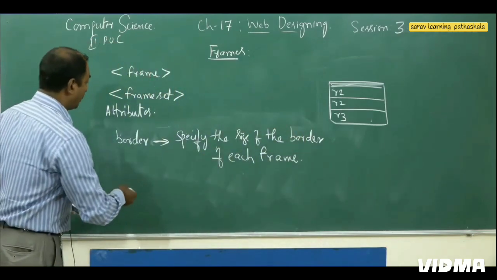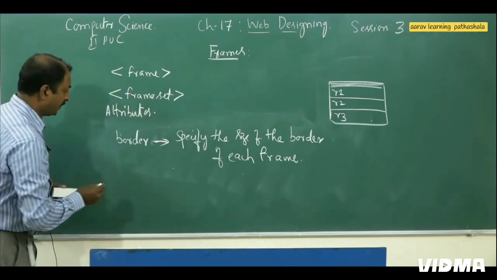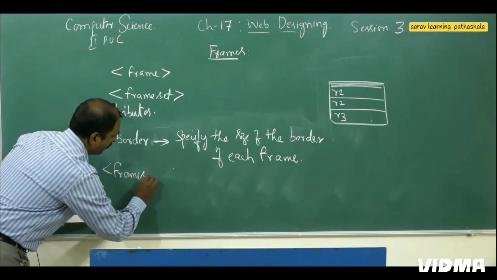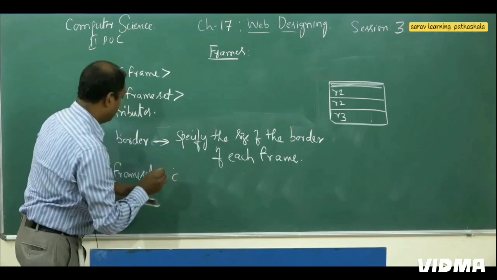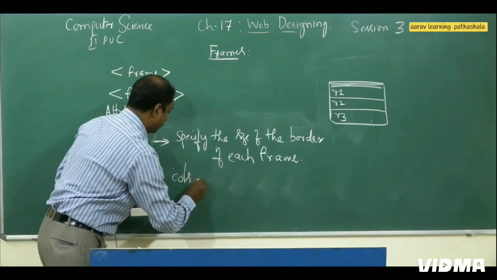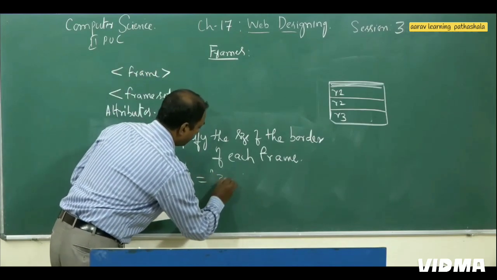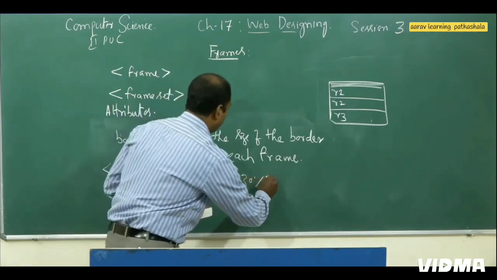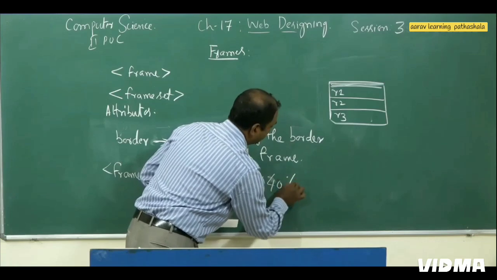So here, what is the syntax? Normally the syntax we use is along with the frameset. So frameset columns equals 30%, and 40%.